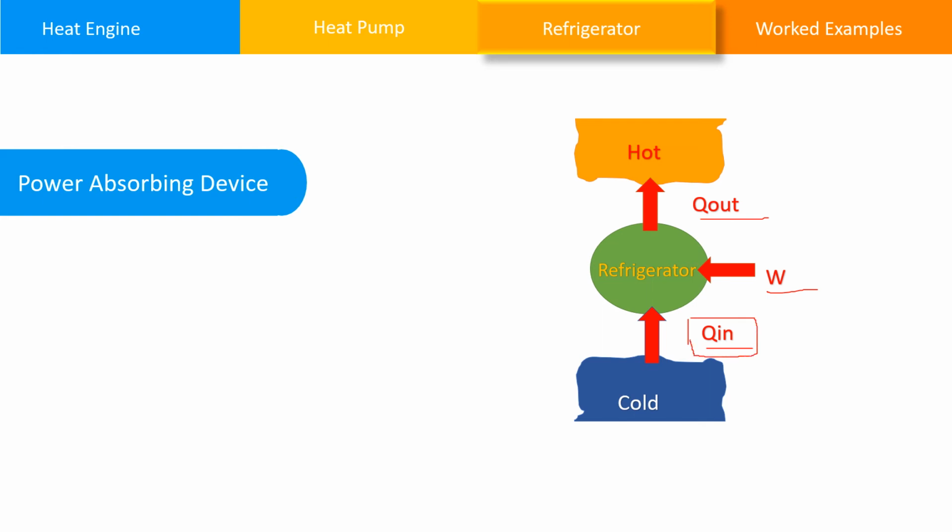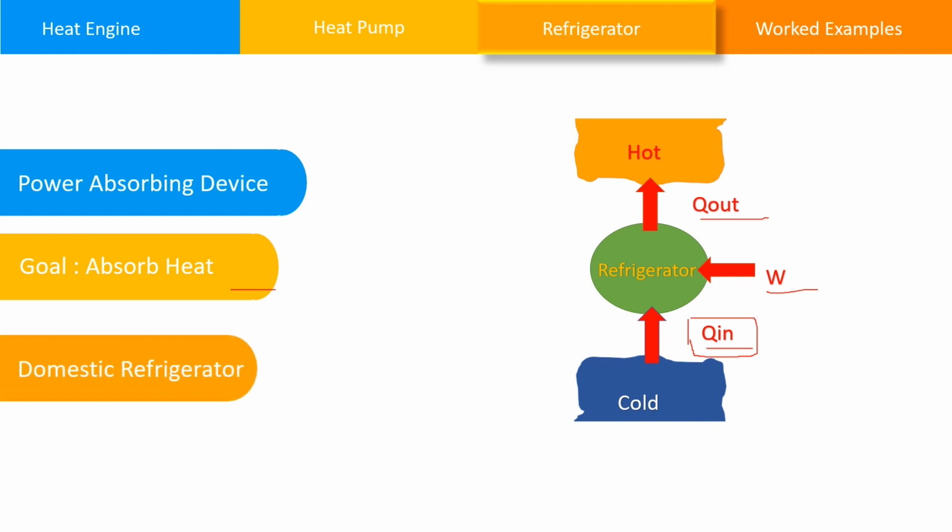I have to extract the heat from the cold reservoir. For example, in your fridge, we are extracting heat from the already cold ice box and rejecting it to the kitchen surroundings. So the goal is to absorb heat, and it can be seen as a domestic refrigerator.